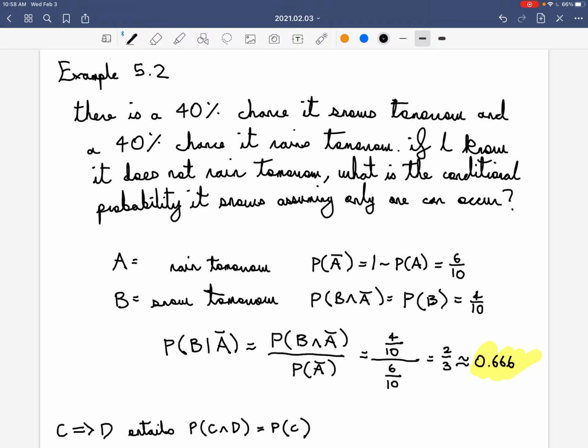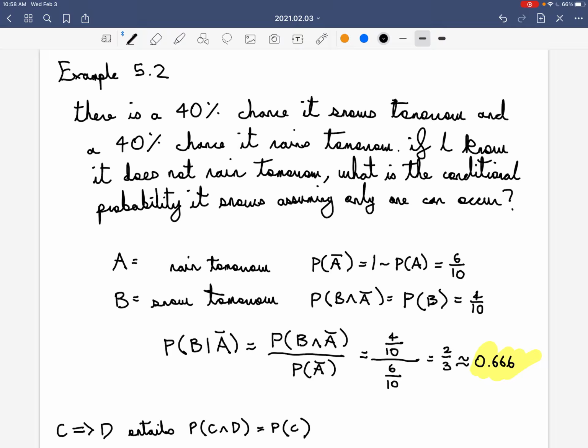So the likelihood of C happening together with D is the same as the likelihood of C if C implies D. So using that trick, the question tells us that the event it rains tomorrow is exclusive with the event it snows. So the event it snows implies that it does not rain.